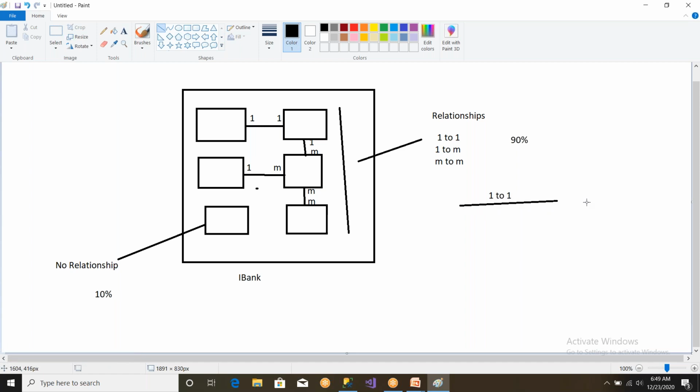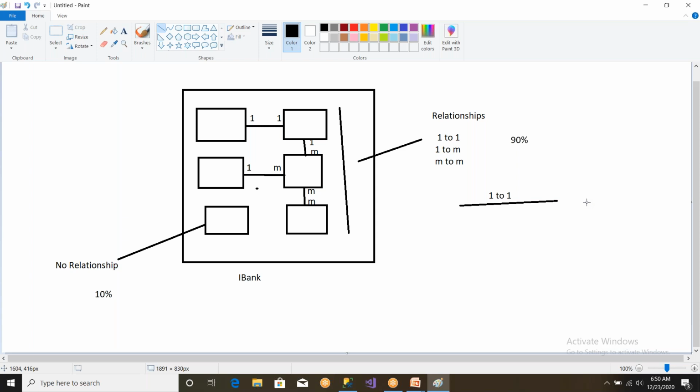a table called teacher and a table called student. One teacher can have many students, and one student also can have many teachers. Both sides it is. One teacher will have many students, and one student can have many teachers. It is a many to many relationship.